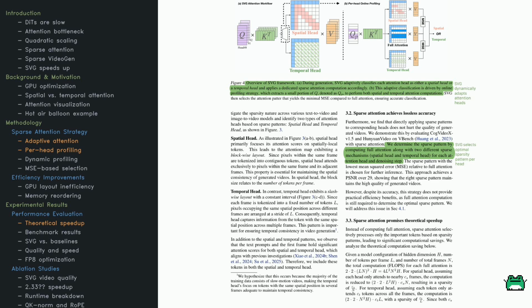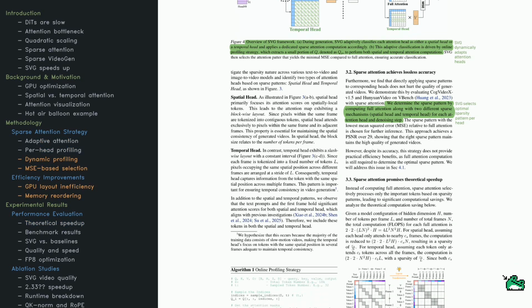The paper introduces formulas that quantify these savings, showing that sparse attention dramatically lowers computational cost without compromising on performance. The key insight here? SVG's selective attention is fast, efficient, and adaptive. Unlike previous methods that assume fixed sparsity, SVG learns on the fly which type of attention works best, making it an ideal approach for video generation.